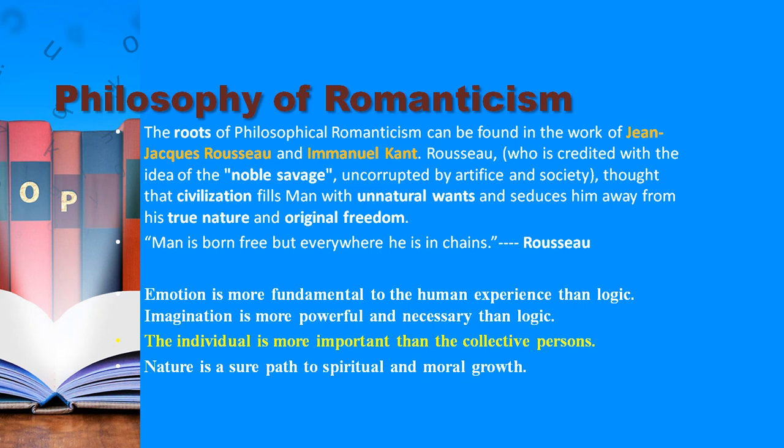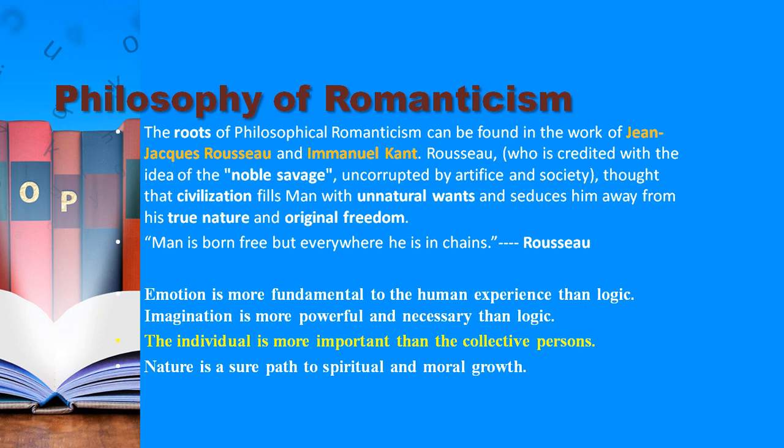So, from philosophers like Jean-Jacques Rousseau and Immanuel Kant, the Romantic English writers are influenced to write romantic literature, where imagination is preferred over reality or logic. The individual is more important than the collective.